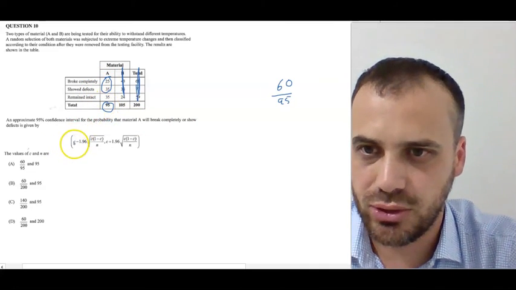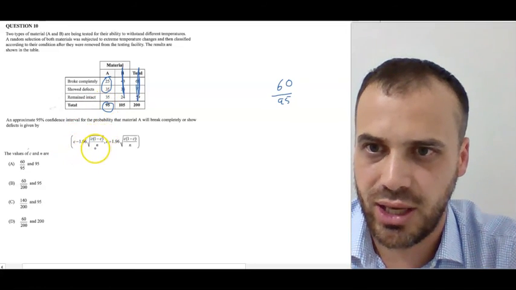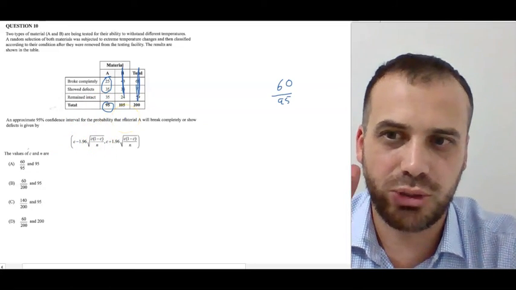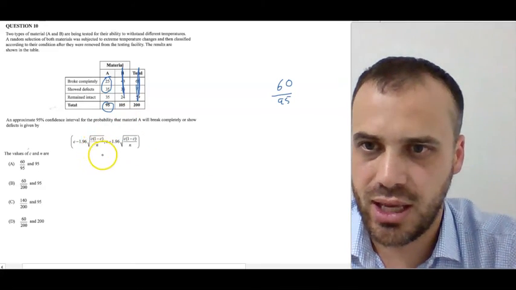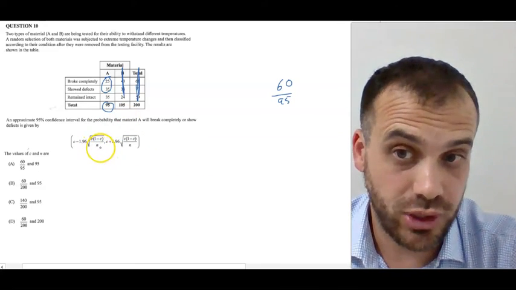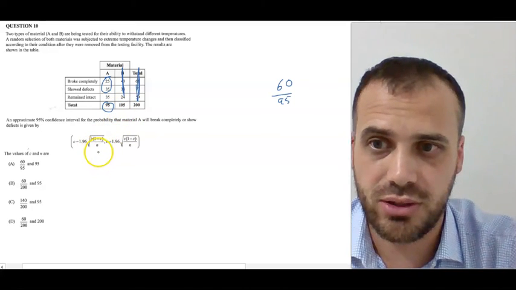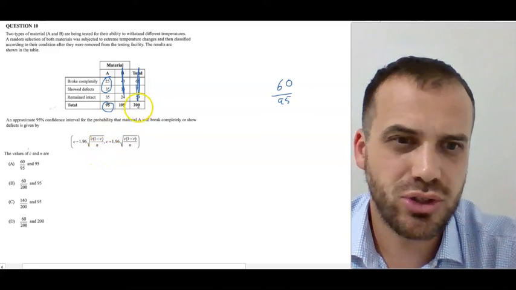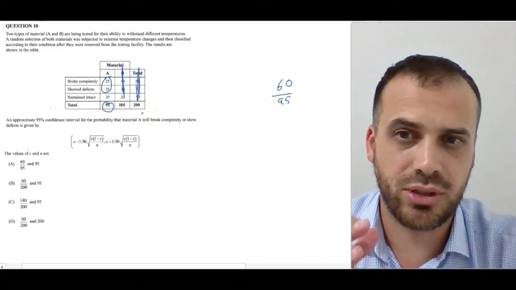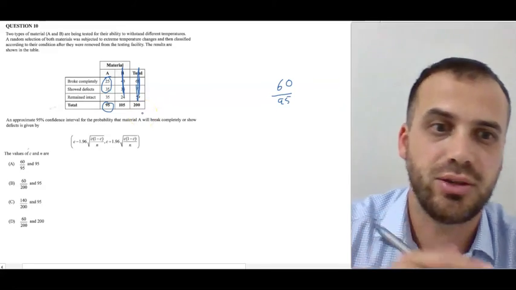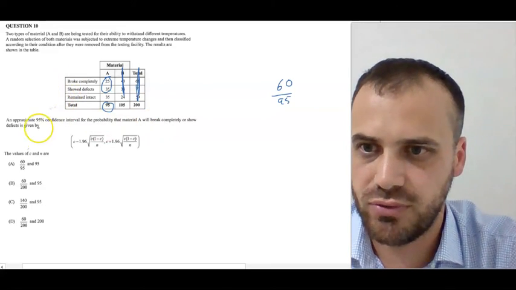Okay, now we just need to look at our C, our N values, and figure out what I should be putting in for C and N. All right, so N is our number of trials, and our number of trials here is 95. It's not 200 because we want to know the probability that material A breaks, not that it is material A and it breaks. So 95 is going to be our answer.